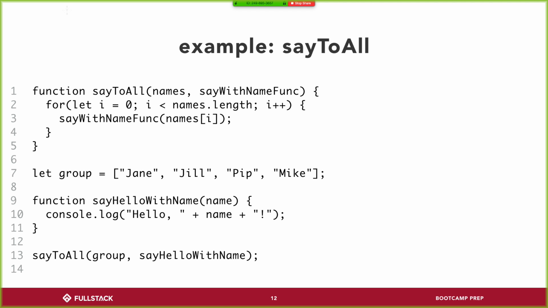And so it's kind of like there's a little bit of renaming that's going on here, because we're essentially renaming that function from say hello with name to say with name func. It's a little more generic. So the reason this is helpful is because we can pass multiple functions in, and they could all be a little different, but they would all have the same generic name.